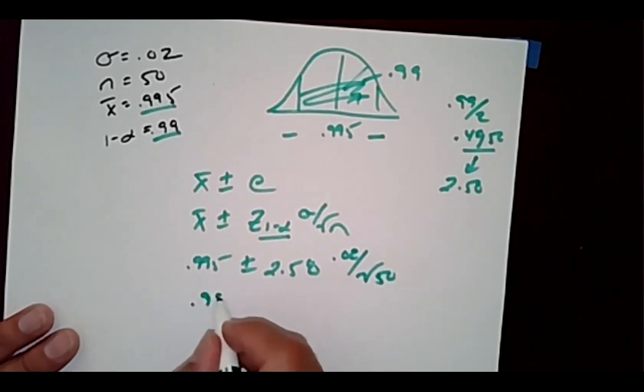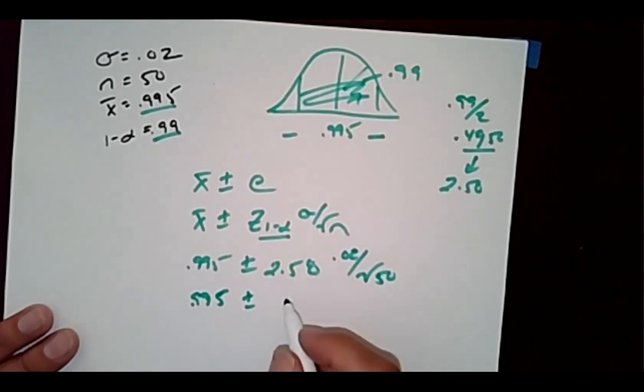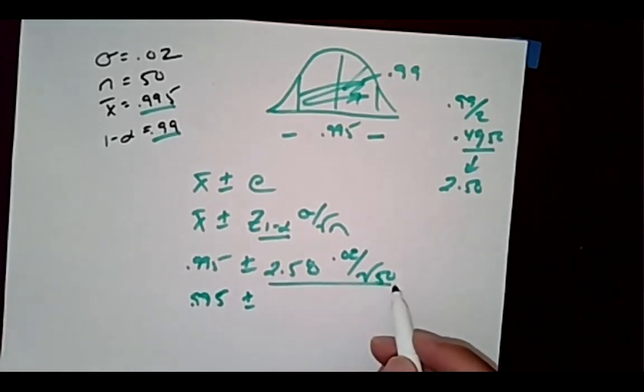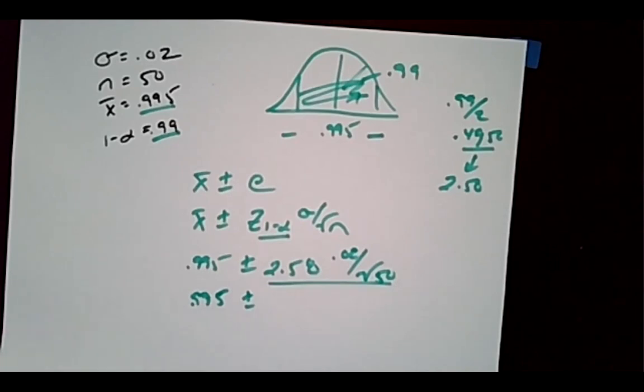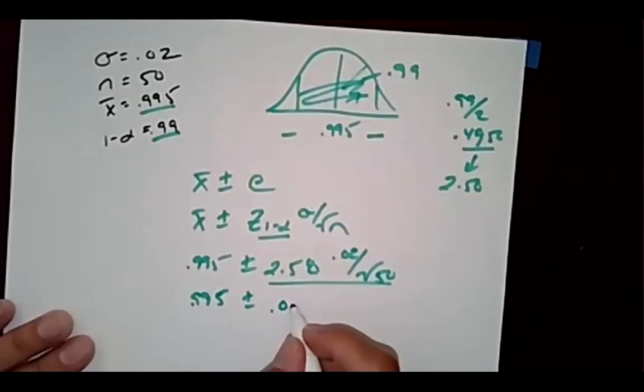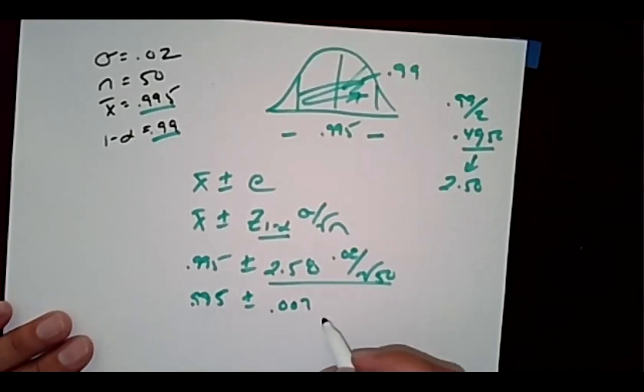So it's 0.995 plus or minus. Anybody have what this value is? 0.007. Yeah. Okay. So what's 0.995 plus this and 0.995 minus this?